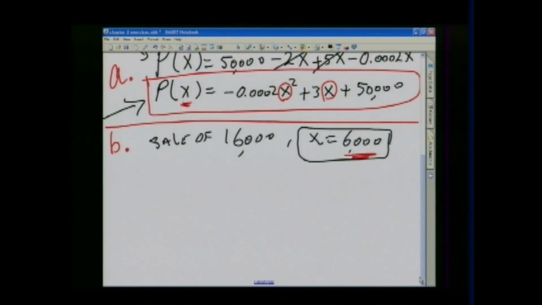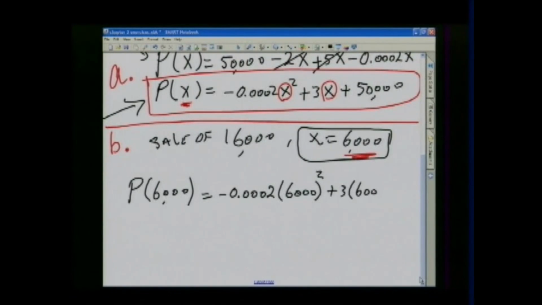So we get P of 6,000 equal to minus 0.0002 times 6,000 squared plus 3 times 6,000 plus 50,000.